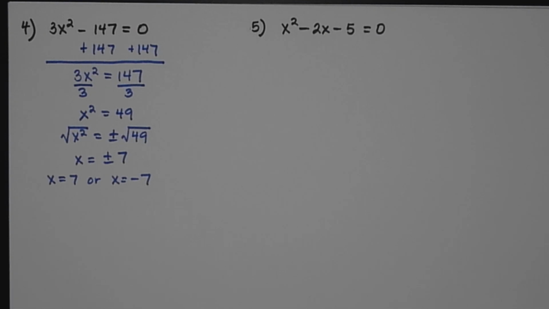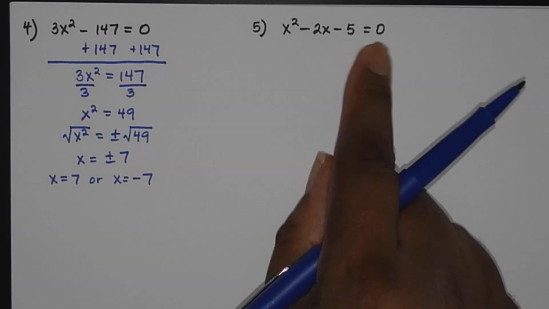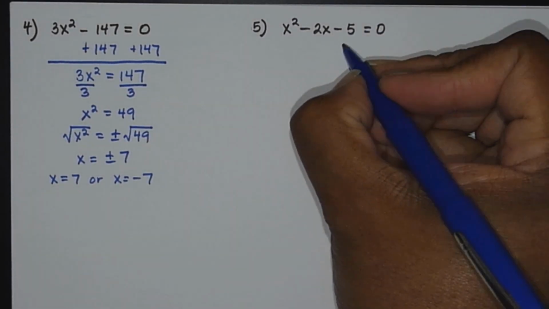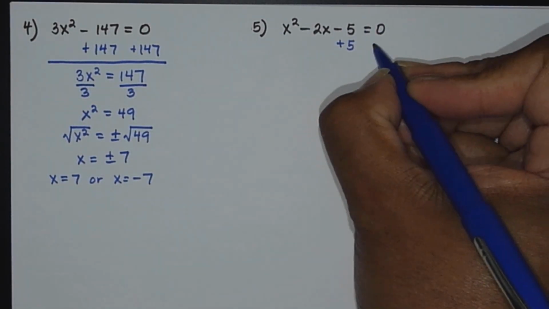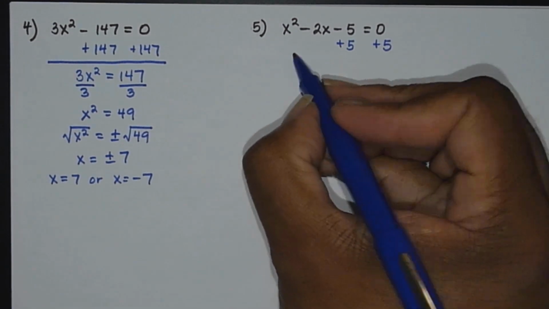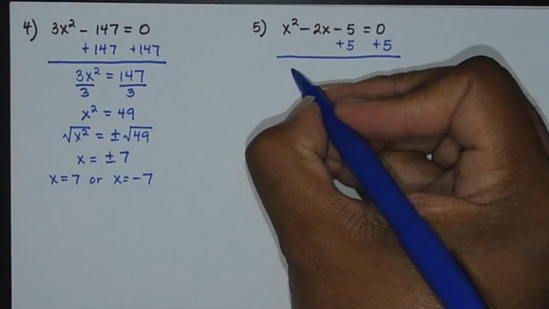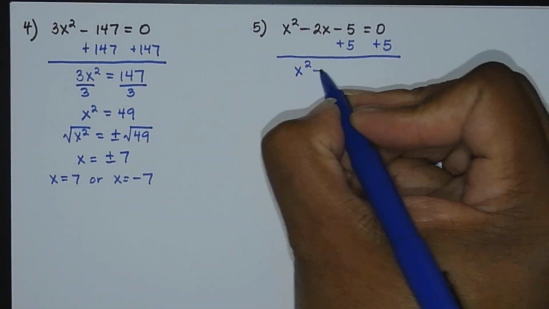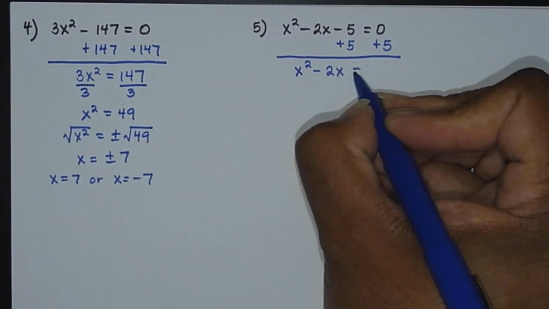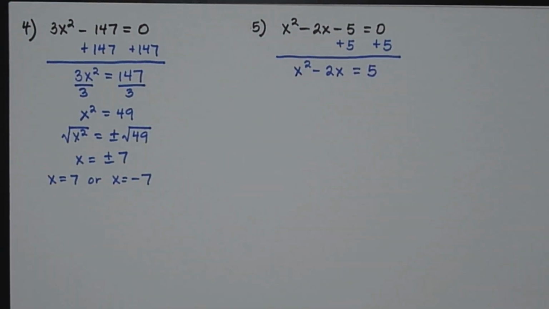Now, the first thing you need to do here is get all the terms that have the x's on one side and move that constant term over to the other side. So here I need to move the minus 5 over to the right-hand side of the equal sign. And I'm going to do that by adding 5. So that means I have x squared minus 2x is equal to 5.